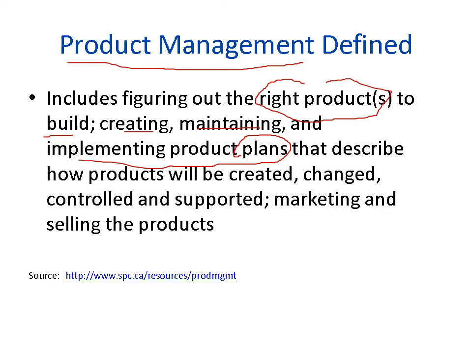So it means to say that product management starts and evolves with a research. You try to study the pros and cons of that product. You try to define what should the product be when it's going to be introduced to the market.